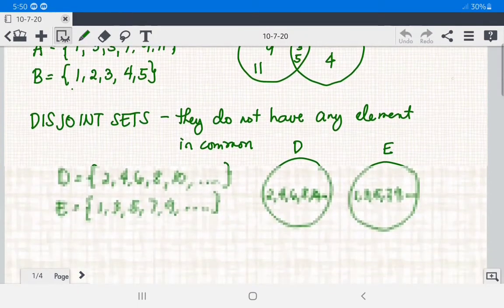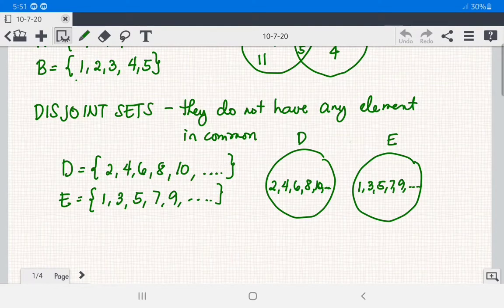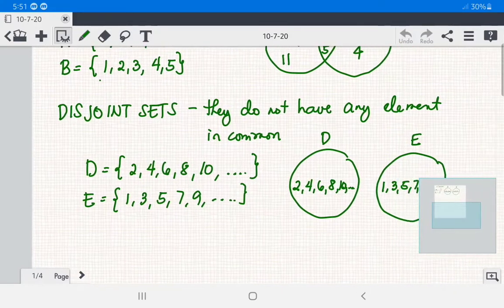For the disjoint sets, these are the sets wherein they do not have any element in common. Let's say we have two sets. Set D, we have 2, 4, 6, 8, 10. The first set is the set of all even numbers, and then set E, we have the set of all odd numbers.